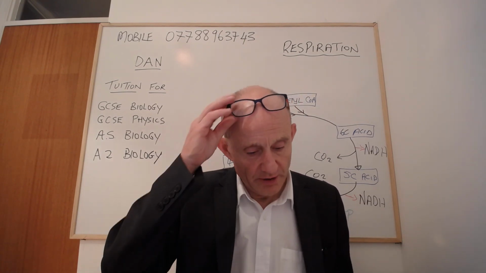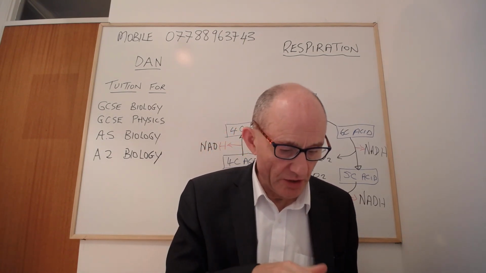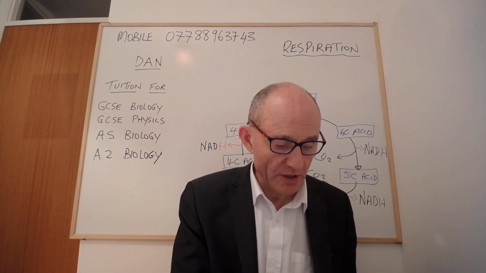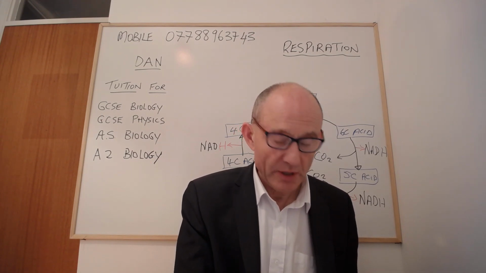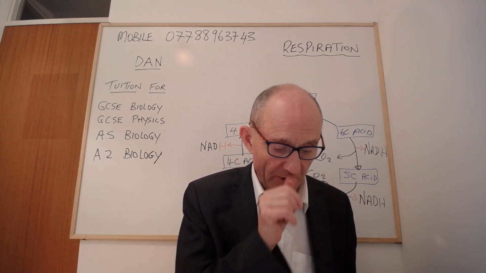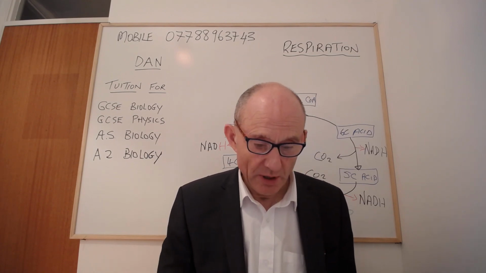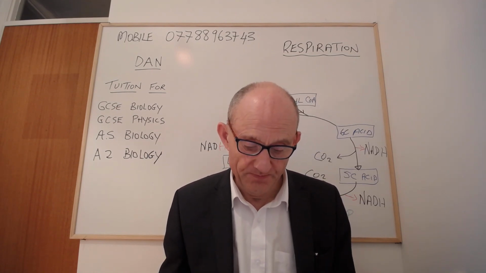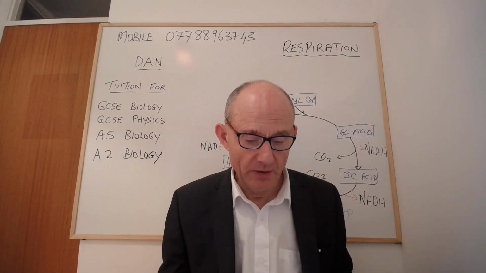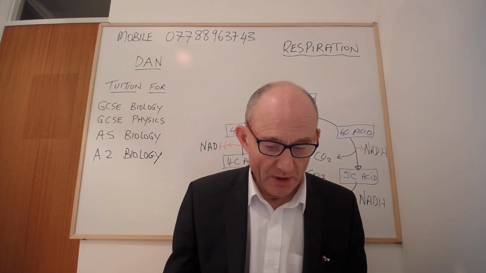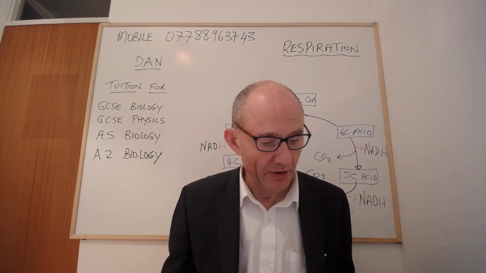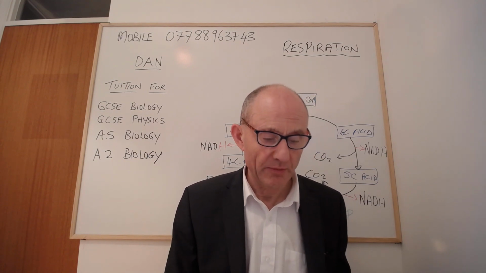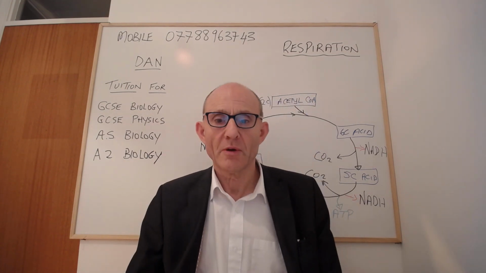Sometimes the older questions have odd ways of asking things. And in this other question it's showing pictures of the acids, and it's asking what is molecule X that's released during the electron transport chain, and so on. That's the sort of question that you get asked about the Krebs cycle.